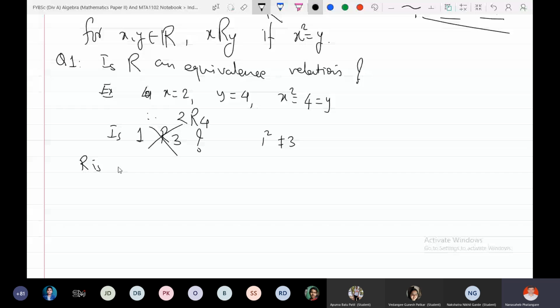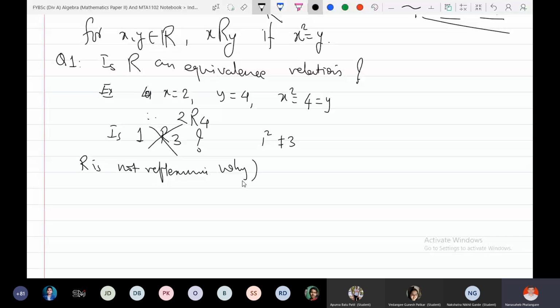So, this relation is not reflexive. Why is it not reflexive? Because, for example, x is equal to 2, then 2 is not related to 2. Right?